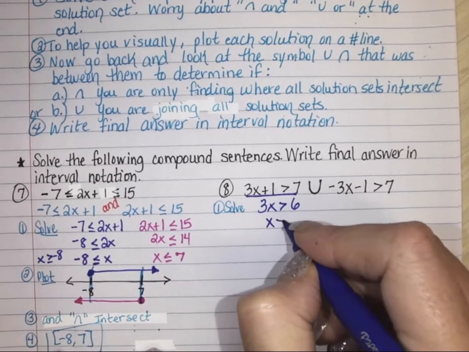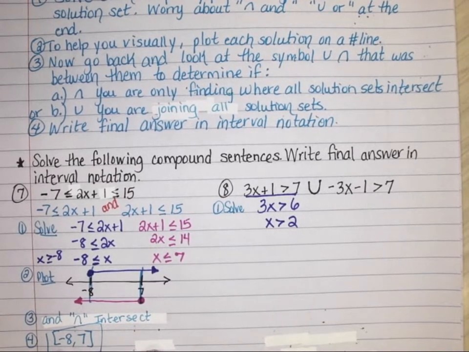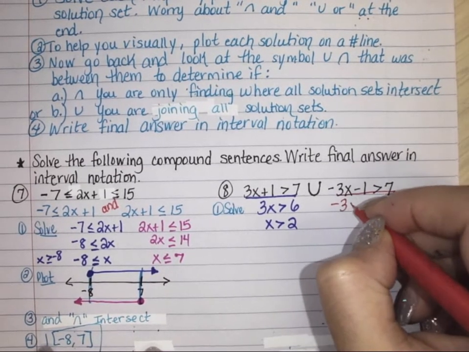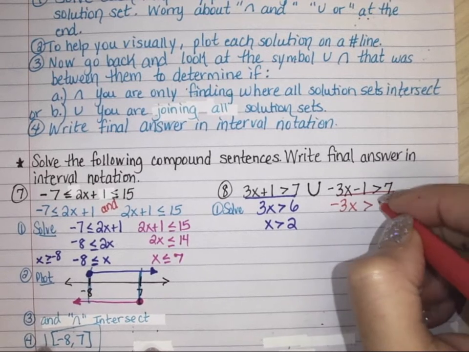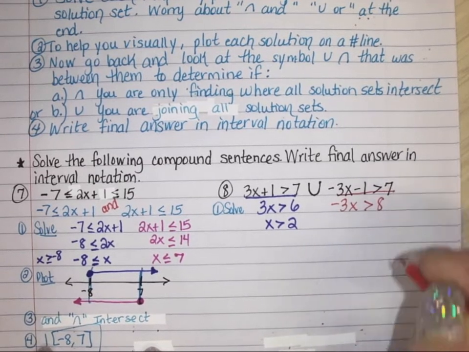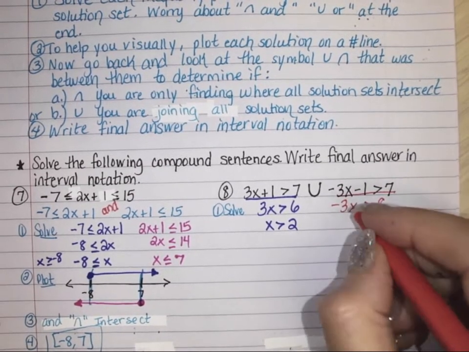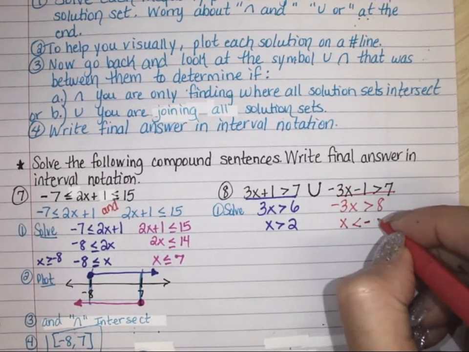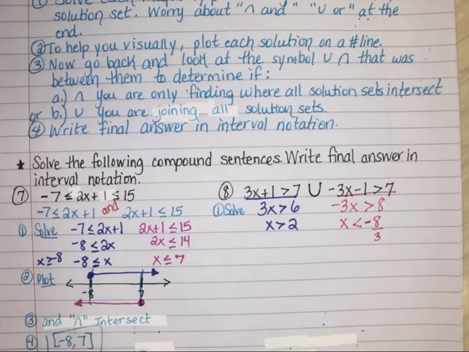Divide by 3, x is greater than 2. If we solve this part, we get negative 3x is greater than 8 when you add 1 to both sides. And then divide by negative 3, so you flip your symbol, and you get x less than negative 8/3.